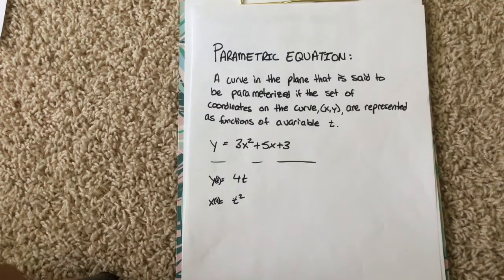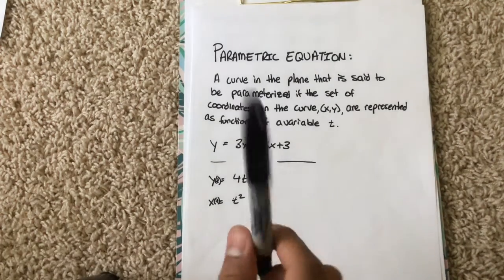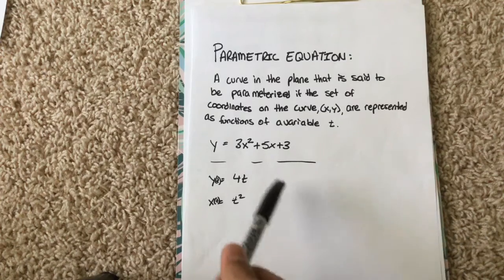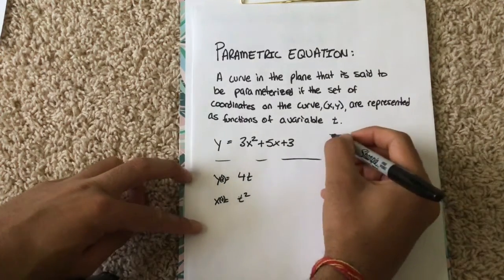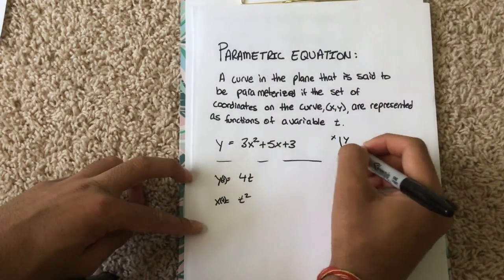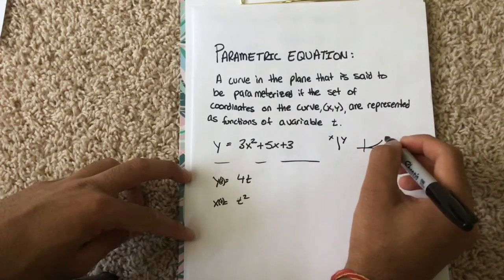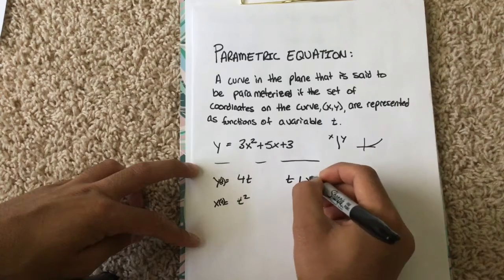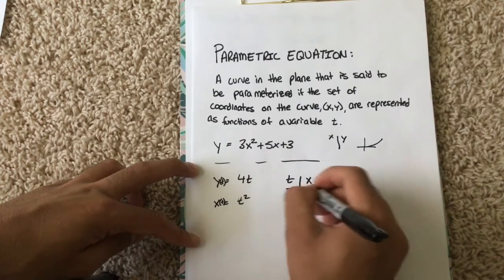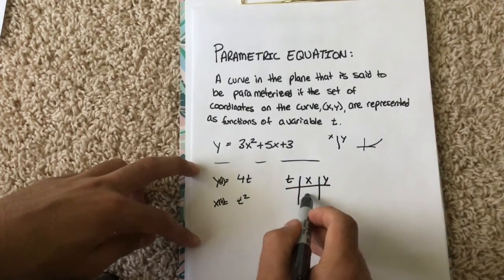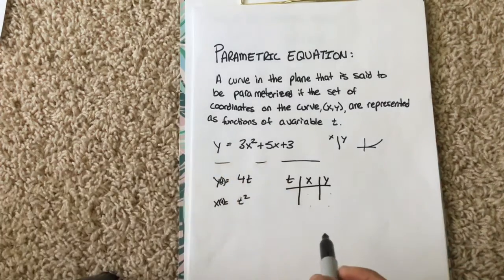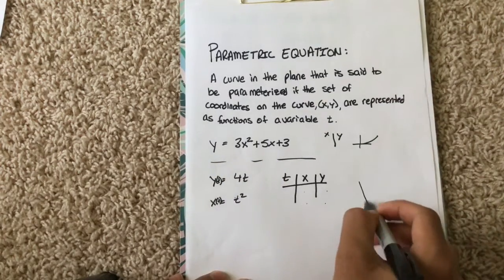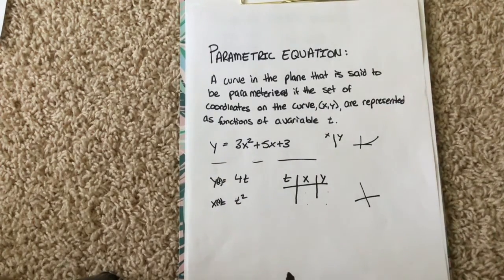And to graph this, we're going to have to use a 3-column table rather than the traditional 2-column table of x's and y's. Here, we're going to use t, x, and y, and then we can use the coordinates we get in the x and y columns to go on to graph the function.